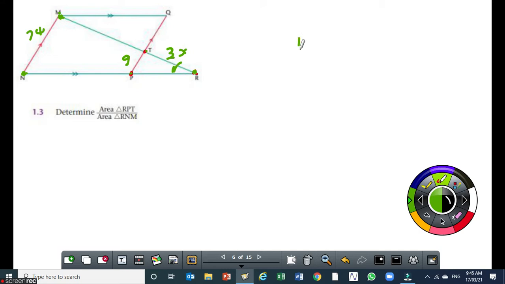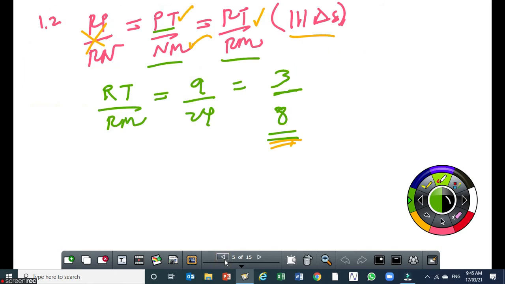The ratio of RT over RM is equal to 3 over 8. I got it from yesterday. I calculated it yesterday. Were you in class yesterday? Yes, I was.